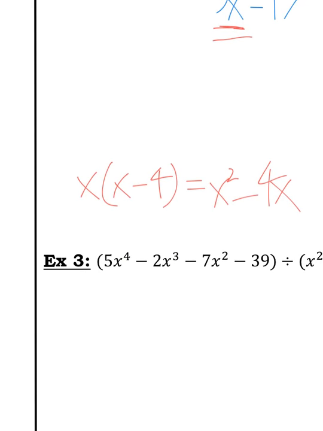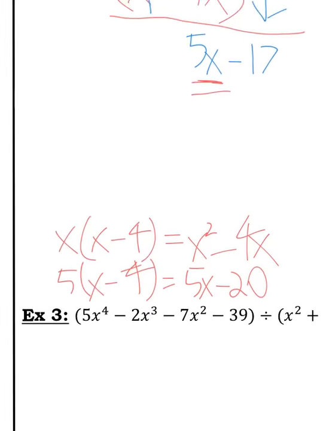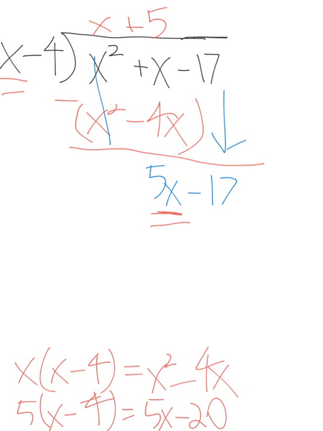And so down here, you can say 5 times x minus 4, because that's what you're doing. And that's going to be 5x minus 20, okay? So that's what I'm going to write right here. So take this out, and then I'm going to go 5x minus 20 in parentheses.